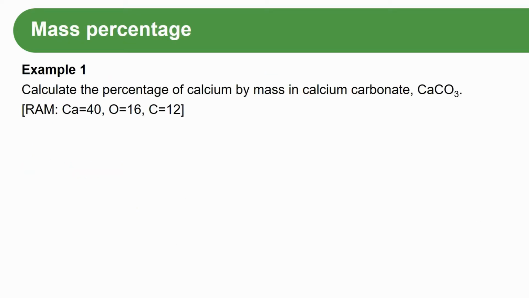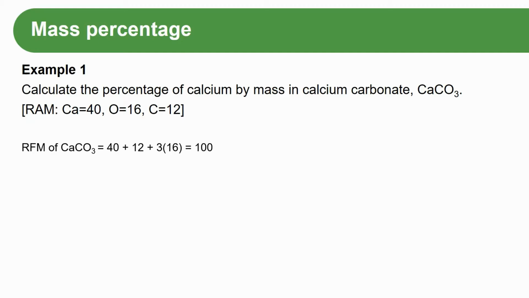For the last part of this lesson, we want to find the percentage of a certain element present in a compound. For the first example, we want to find the percentage of calcium by mass in calcium carbonate. The first step, we find the relative formula mass of calcium carbonate, which is 100.